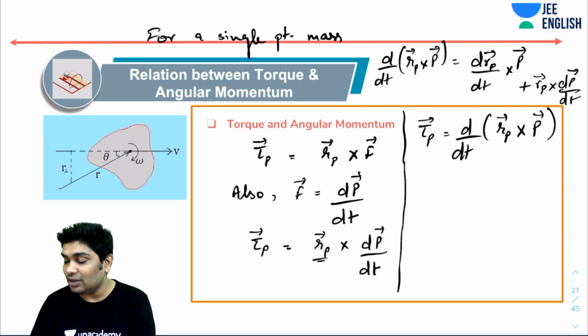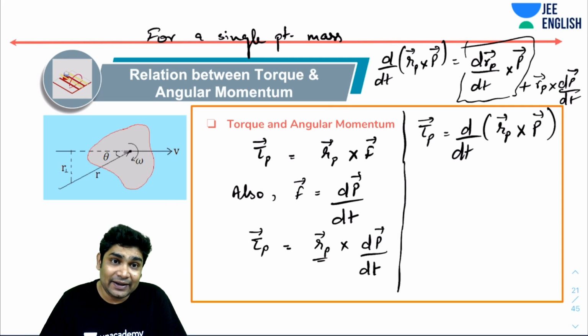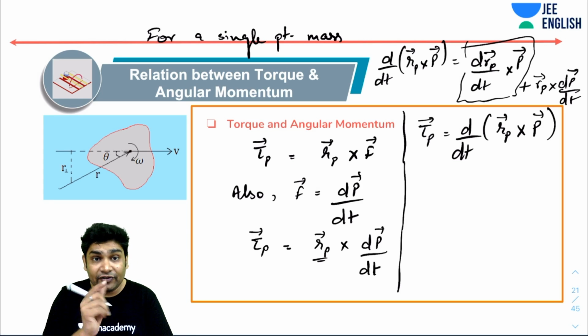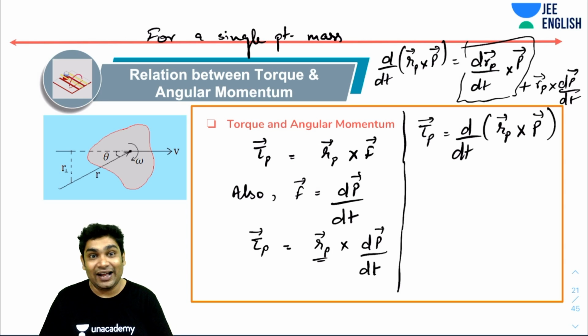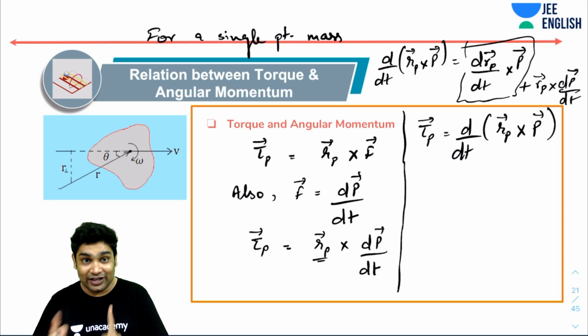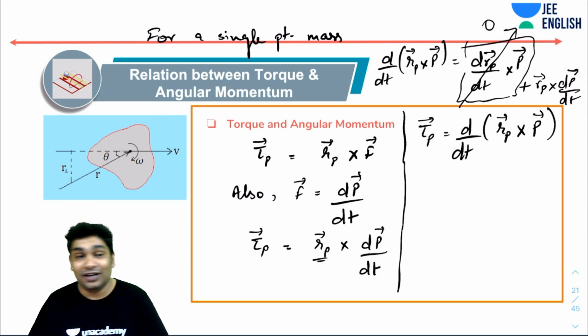Now how about this term? What is dr by dt? The r was the position vector of the particle itself, so dr by dt would be v, the velocity. And velocity cross momentum, what will that be? That will be 0. Why? Because momentum has v also, so it will have v cross v. V cross v is always zero. I hope you know that. That is why this term turns to zero.